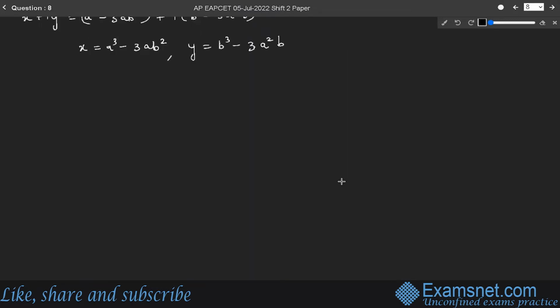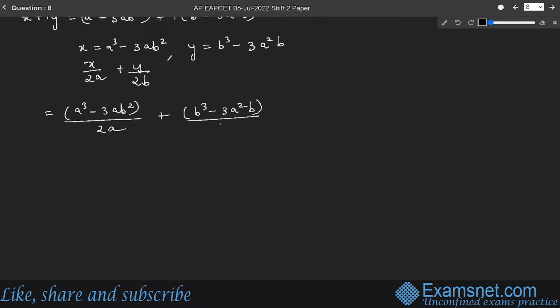Now we have to calculate the value, which is x upon 2a plus y upon 2b. So putting the values for x and y here, this will be equal to (a cube minus 3ab square) divided by 2a plus (b cube minus 3a square b) divided by 2b. Taking a common, it will be (a square minus 3b square) divided by 2a plus, taking b common, it will be (b square minus 3a square) divided by 2b. a and a will be cancelled and b and b will be cancelled.